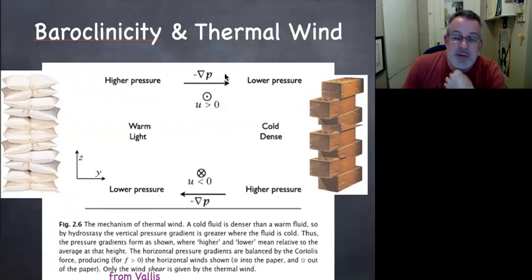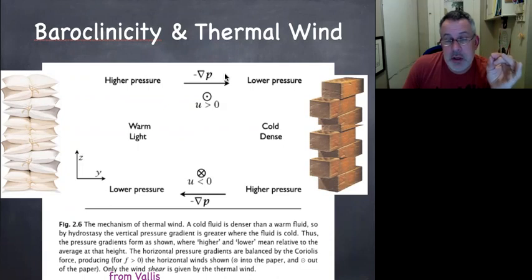And if the pressure gradient force is linked, as we've just talked about, to the Coriolis force, and the Coriolis force is linked to the geostrophic velocity, that means that the geostrophic velocity is flipping sign in the vertical. It's going from out of the page at the top to into the page at the bottom. This vertical variation in the geostrophic velocity is called the thermal wind equation, or the thermal wind relationship.